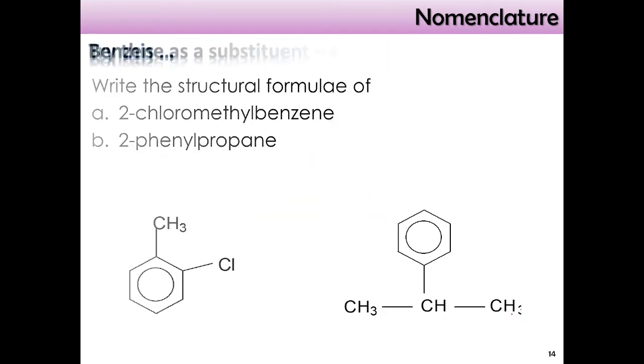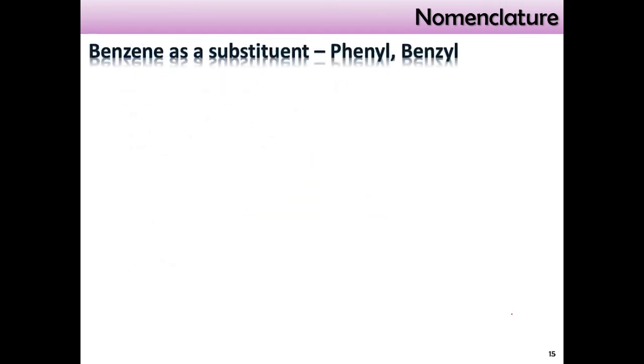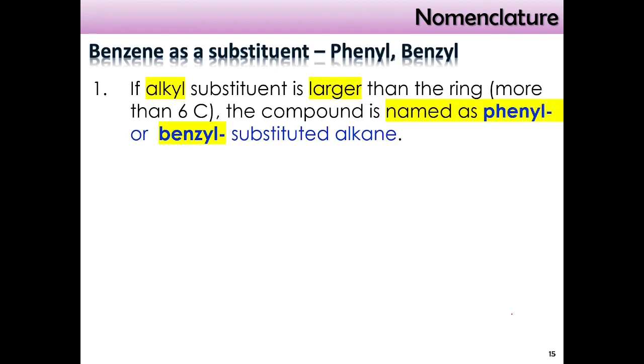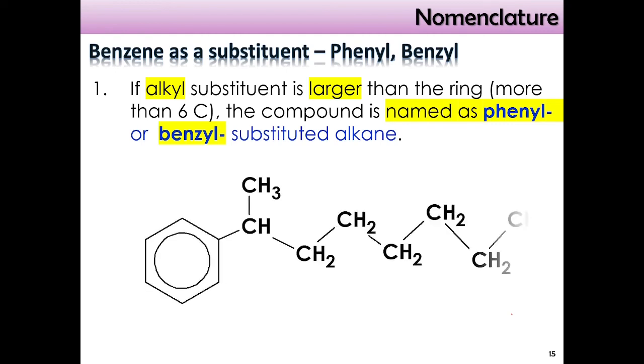Okay, for number 2, phenyl is actually benzene as substituent. This happens when alkyl is larger than 6 carbon. Okay, so let's see this one. For example, this one. How long is this? 1, 2, 3, 4, 5, 6, 7, 8. Okay, so larger than 6.